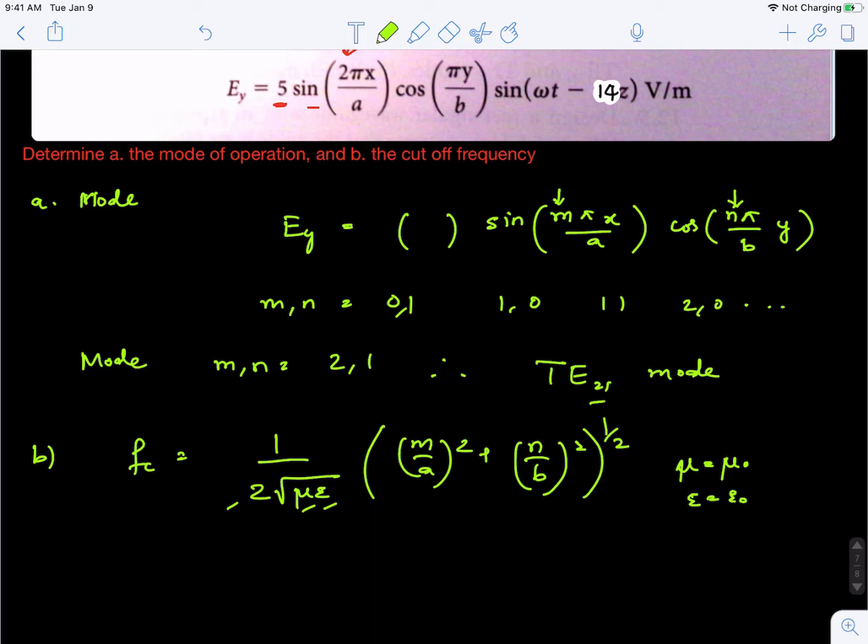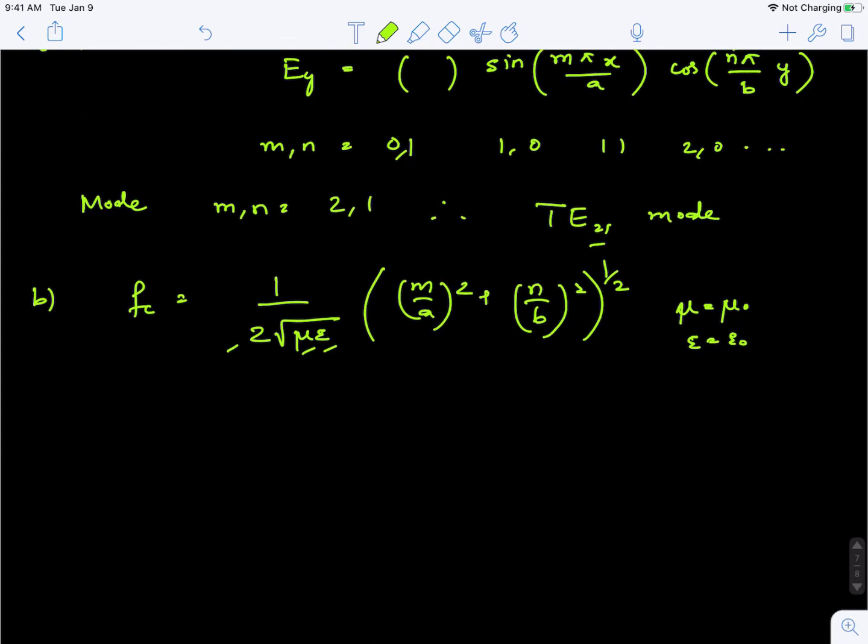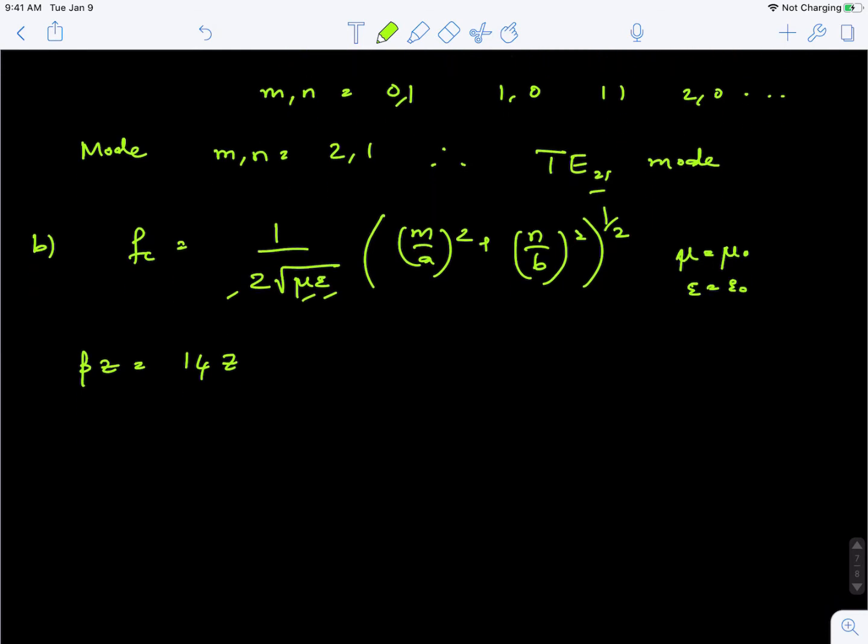But what we are given is, in the problem, we see that there is 14z here. Now, what is 14z? It's actually beta z. Beta is 14, right? So how do we find the value of cutoff frequency from what we already have here? Let's remember the equation for beta that we used in problem 3 to derive the average power per unit width.